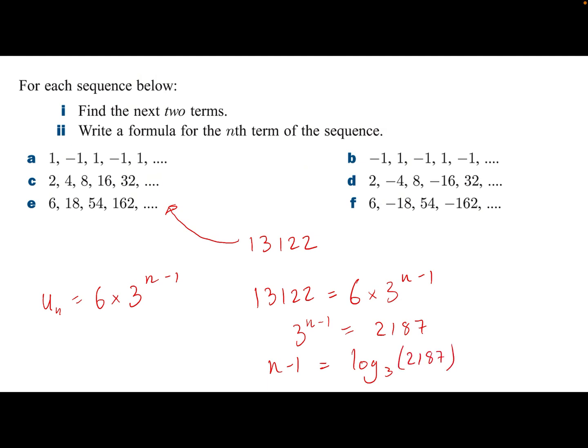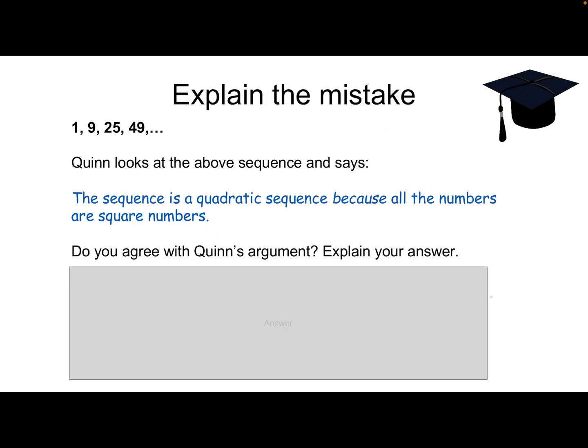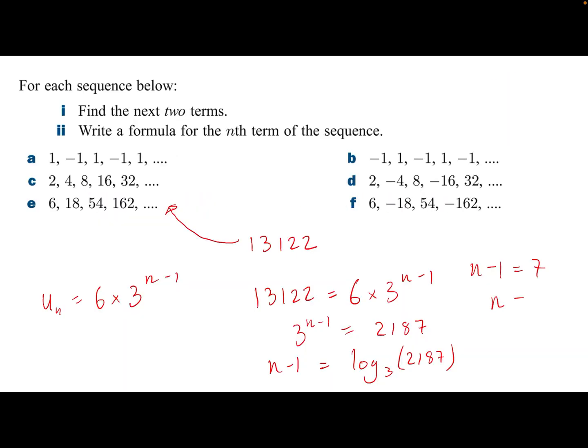Use a calculator: log base 3 of 2187 equals 7. So n minus 1 is equal to 7, so n is equal to 8. So this number will be in the 8th position. So there we go, logs coming back into it again.